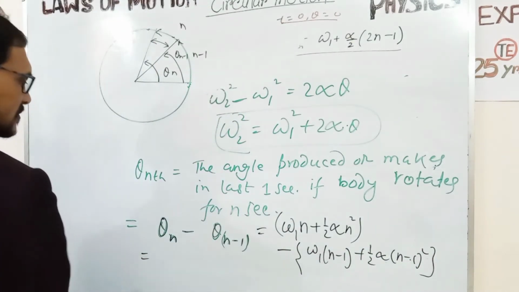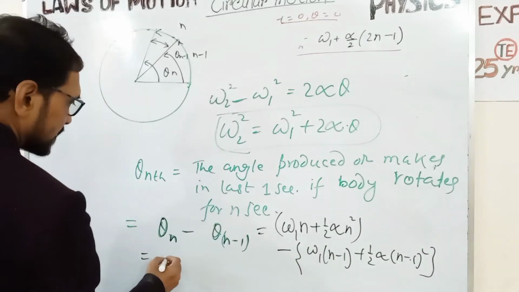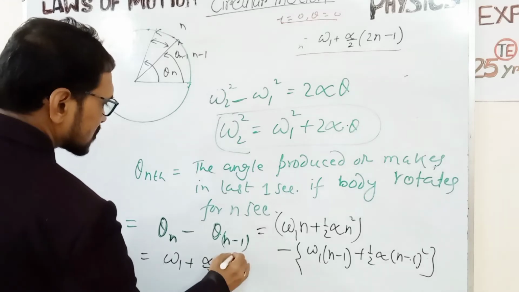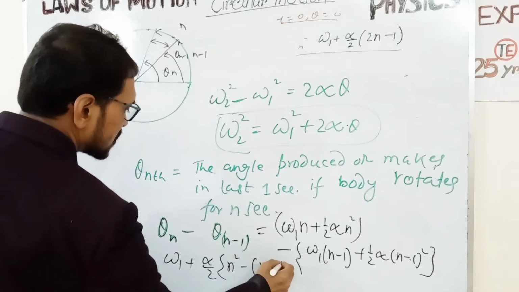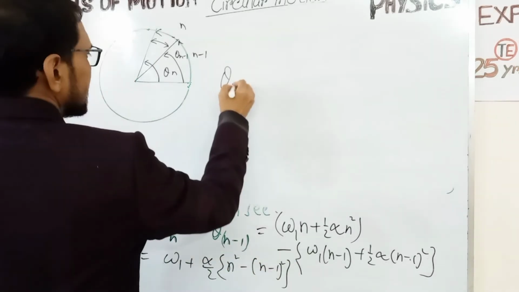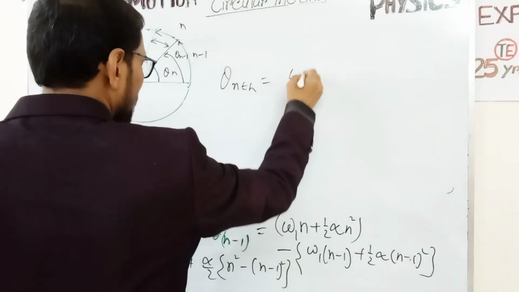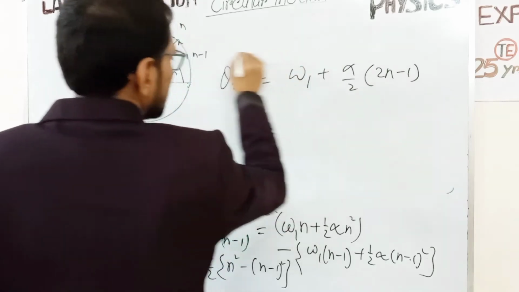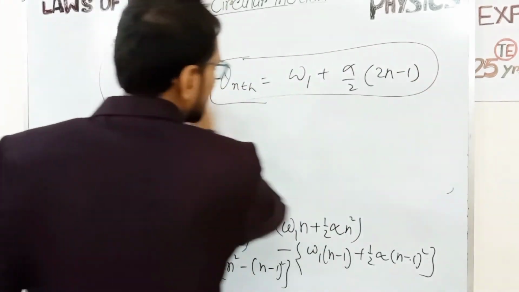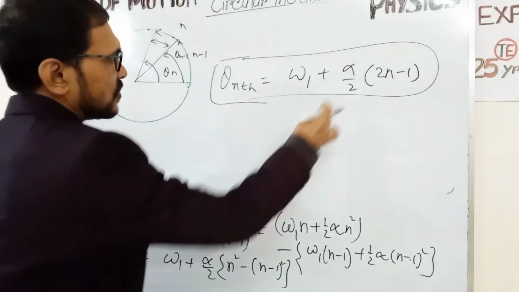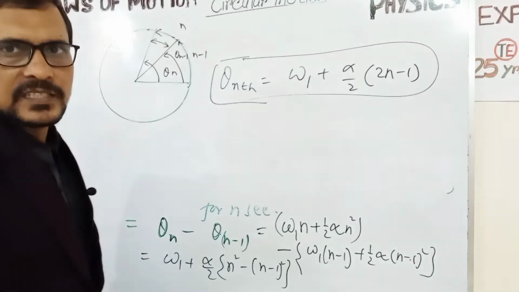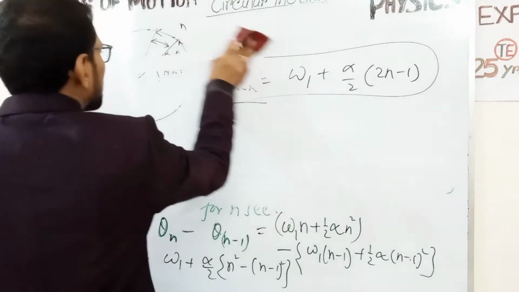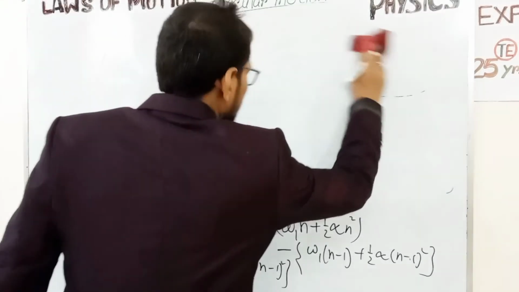So this equals omega 1 plus alpha by 2 times n square minus (n minus 1) whole square, which gives theta nth equal to omega 1 plus alpha by 2 times (2n minus 1). That is the angle produced in the last 1 second, where alpha is angular acceleration. This is the general method. Now I am going to prove it with the calculus method.